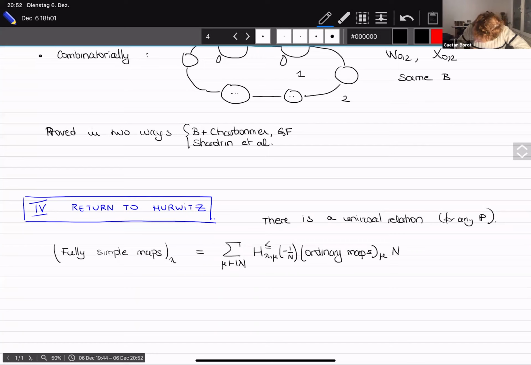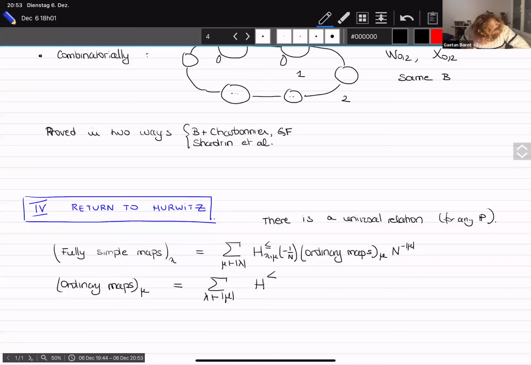And here you need to put the normalizing factor. And you can also invert that, write it in the other way, ordinary maps. So it's here disconnected maps, any topology. You count everything. Right here, mu. There's some symmetry factors in this relation, which I'm not writing here.